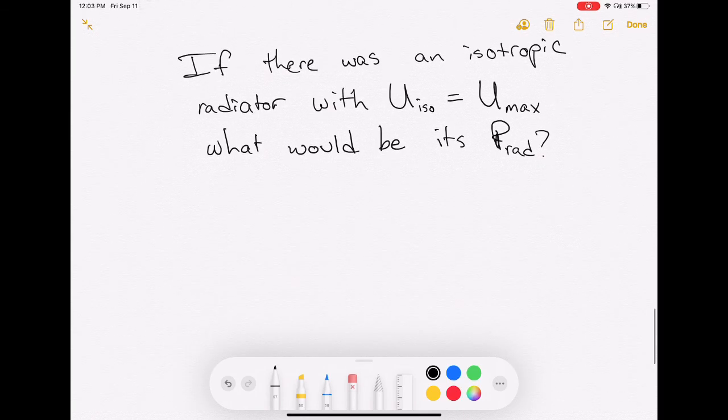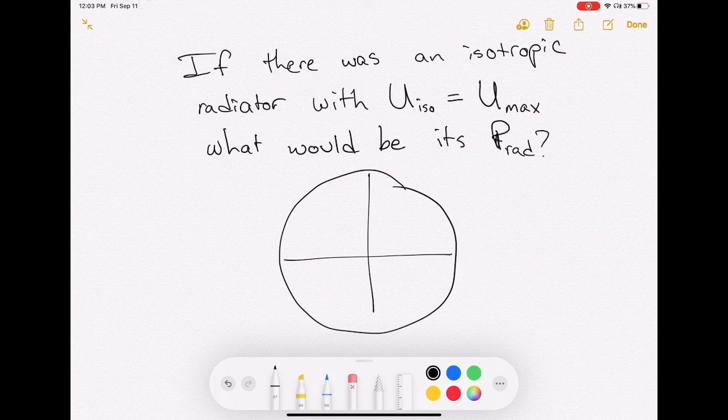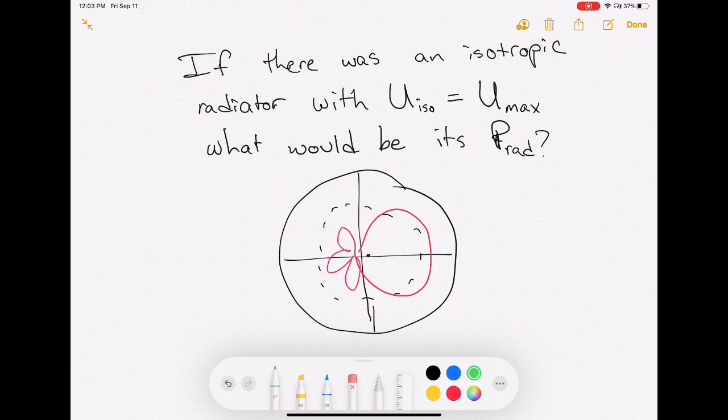So if I were to draw a picture of this, let's draw a graph of some hypothetical antenna radiation pattern. The antenna that I'm finding the EIRP of is in red. And my hypothetical isotropic radiator is in green.